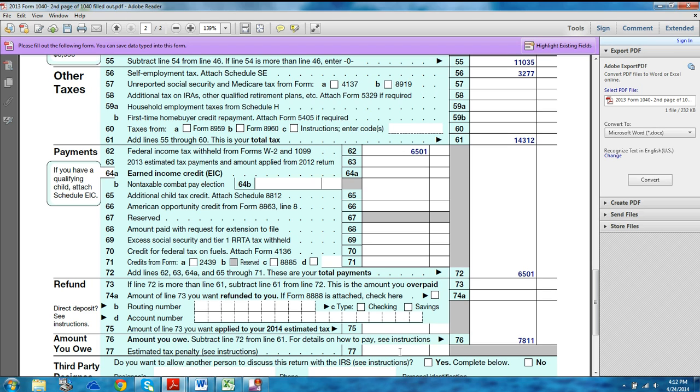There's also other penalties. If you extend and you file after April 15th, you're not only going to be subject to the estimated tax penalty, but if you haven't paid everything in, you're going to be subject to the late payment penalty too, because even though you've extended for 6 months, the IRS still requires you or expects you to make all your payments by April 15th.